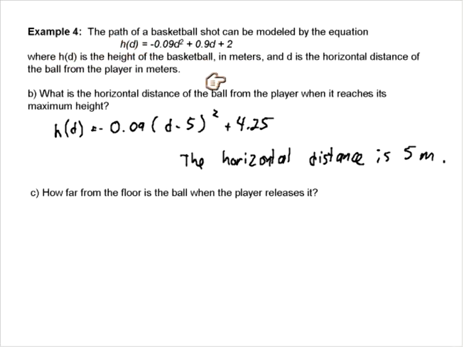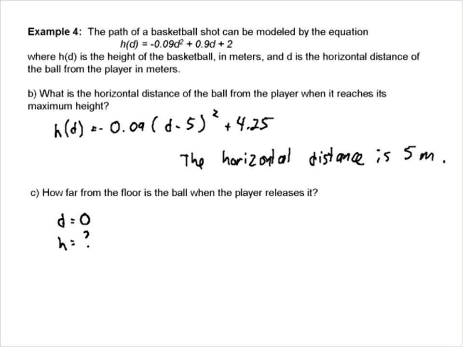When you're first shooting, what is your horizontal distance from the ball? Well, it's been a long time since I played basketball, but I'm pretty sure if you're trying to take a shot, it's in your hands. So you are not any distance away. So our d value, the horizontal distance from the ball, is actually equal to 0. What we're trying to figure out is what the height is when d is equal to 0.